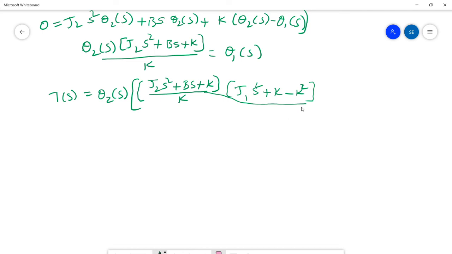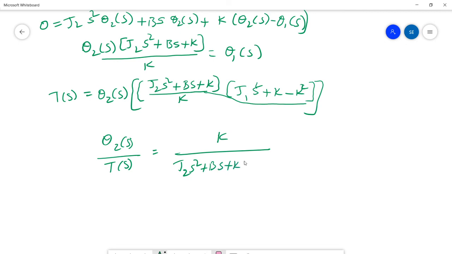Therefore, from this equation what do you get? Theta 2 of s to T of s is equal to K divided by the leftover term, that is J2 S square plus BS plus K into J1 S square plus K minus K square.